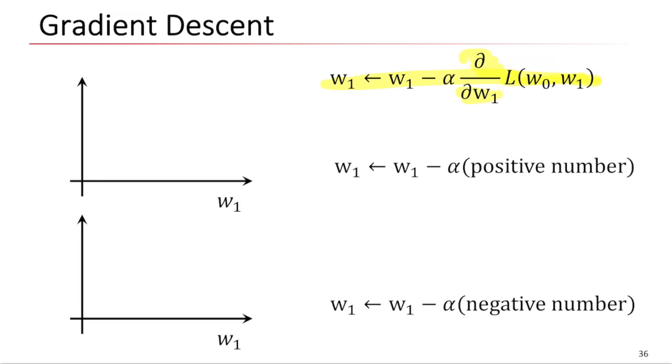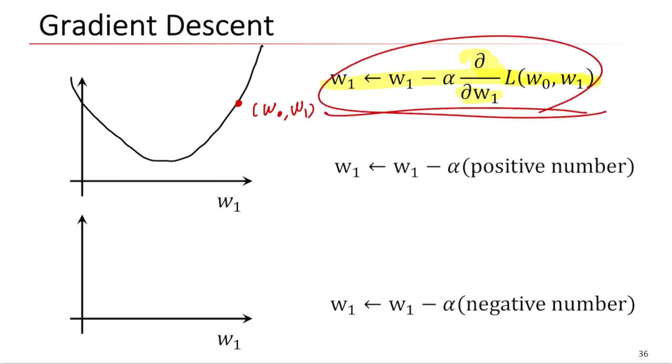Let's say we have a loss function that looks like this, and we start from initial values at an arbitrary point here. What we want to do is compute the gradient at this point, right?